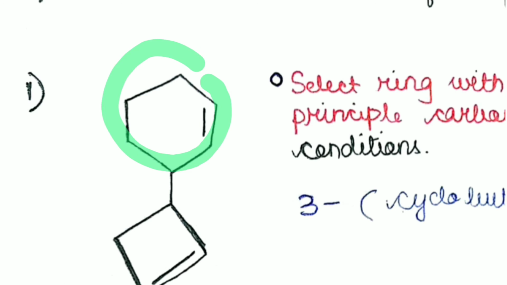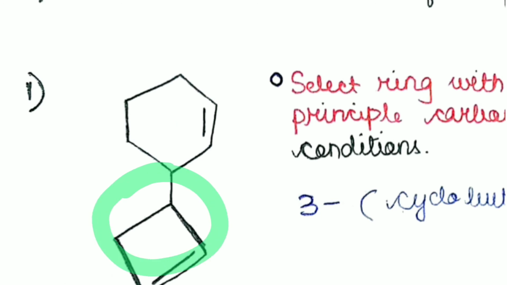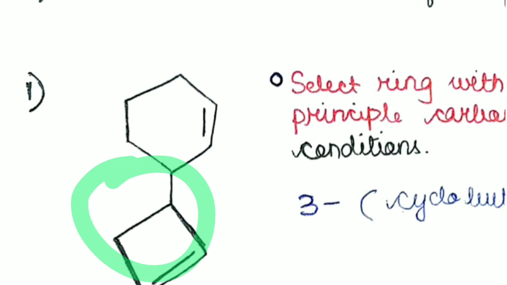And if we give our numbering in the anti-clockwise sense, we can see that the substituent here is getting 6th locant. So since 3 is less than 6 in the lowest set of locants rule, we are going to go with that numbering, which is giving us the locant for the substituent as 3 and not 6. So we'll start our numbering in the clockwise sense, guys.